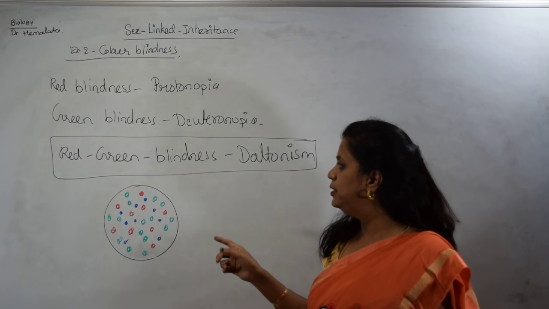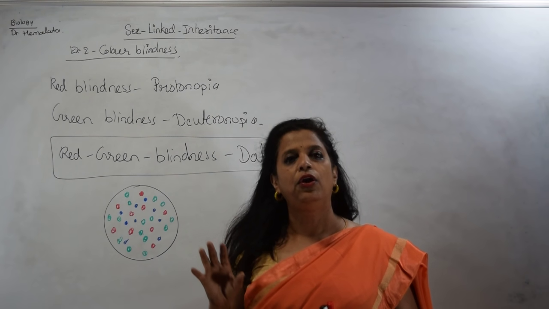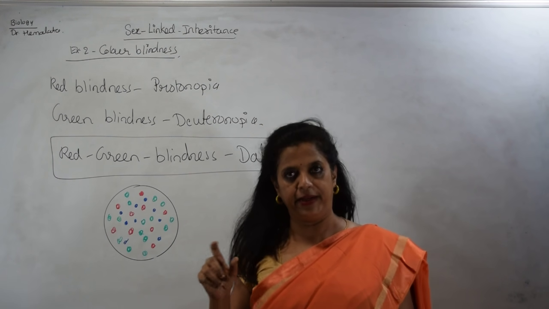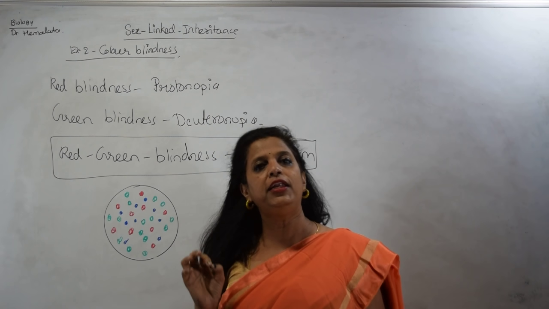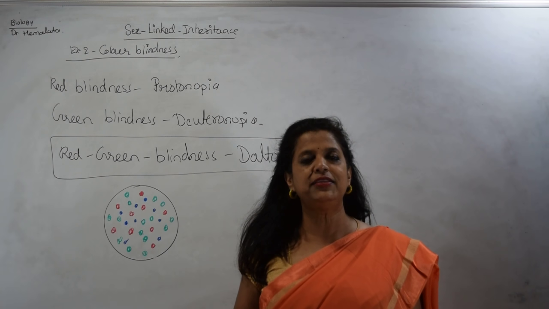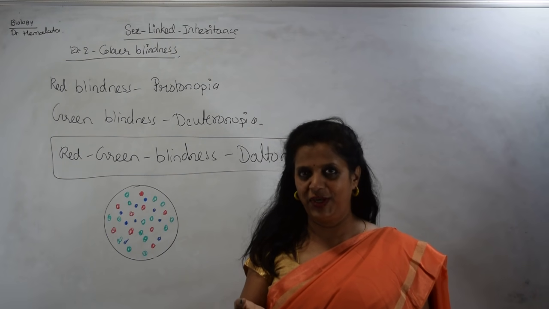Very important, and it has to be certified that this person is having no red-green blindness. Then only you are eligible to get the license. Why? Driving license you get only if you are not color blind. Why? Because you know it, right?